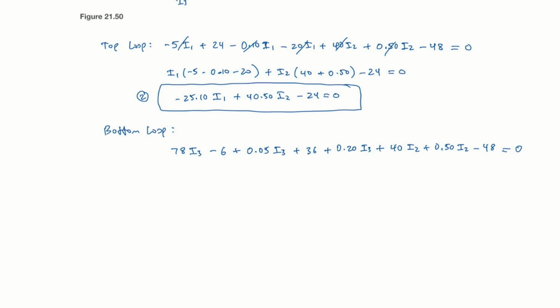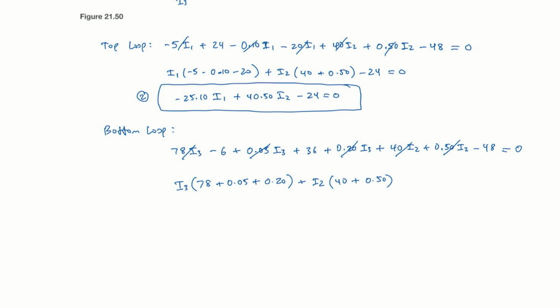And let's see. So let's factor out the I3. We've got a 78, we've got 0.05, and we've got 0.20. Okay, for I2, we've got 40 and 0.50.